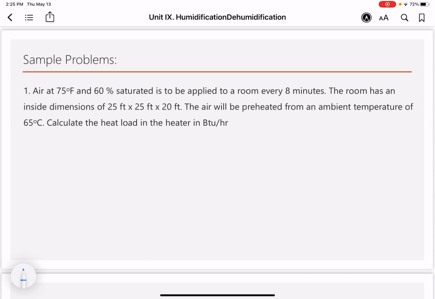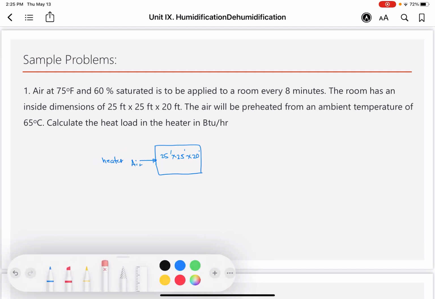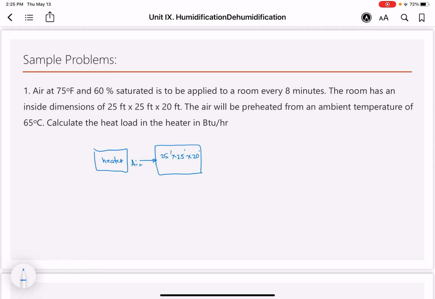Let's do the diagram first. So I have here a room that measures 25 feet by 25 by 20 feet. Okay, so it is being supplied with air that is being preheated. So this is my heater.